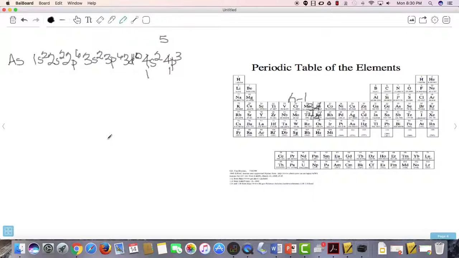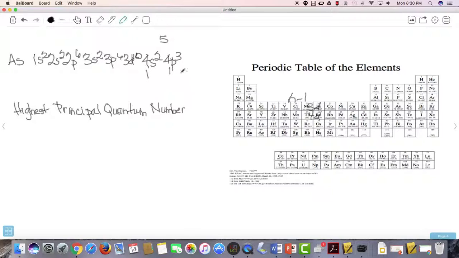So the key thing to remember here when you are identifying valence electrons based on electron configurations, the first thing you need to remember is that you want to look at the highest principal quantum number. And remember that principal quantum number corresponds with the period numbers on the periodic table.